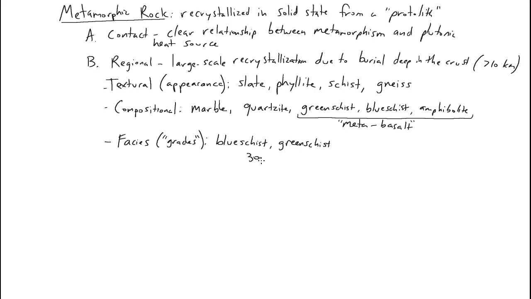And these form at 300 to 400 degrees Celsius. If the rocks get to higher temperatures, we call them amphibolite facies rocks, so around 500 degrees. And then if they get really cooked, granulite facies. This would be like 650 to 750 degrees C.